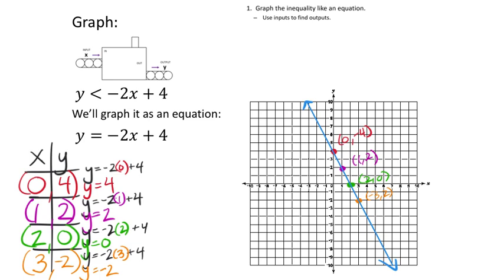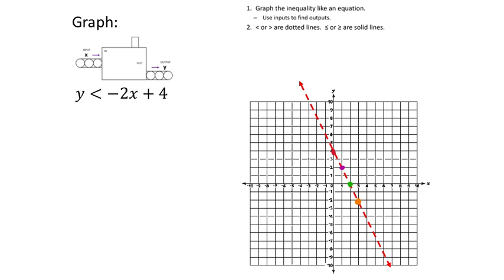Well, since we were just dealing with a less than symbol, it's not equal to, so our line on the graph should be dashed. Dashed or dotted. You get to choose which one. So I'm going with dashed because that's the option that my computer gives me.